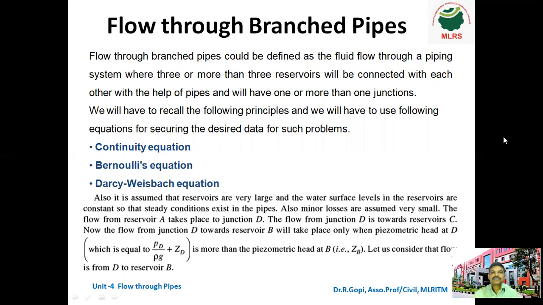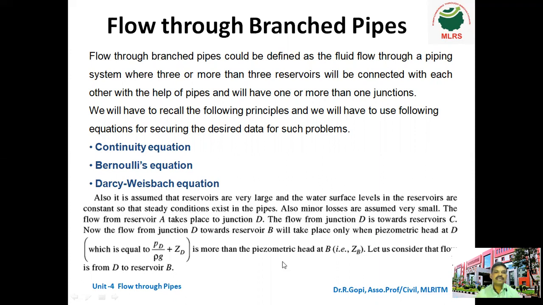Suppose tank A, tank B, tank C. These three tank pipes meet at a point, and that point is called D, capital D. So that is called the three reservoir problem or flow through branched pipes.